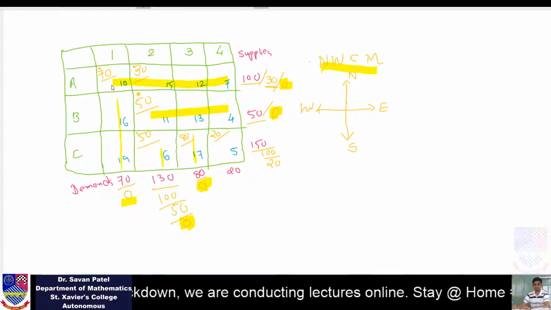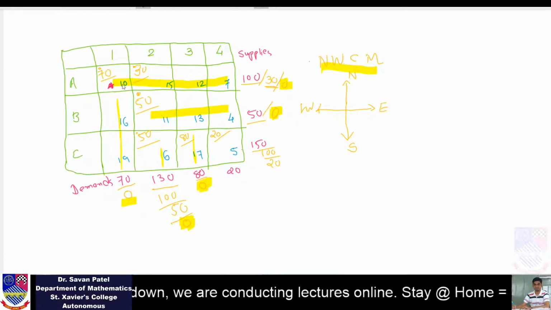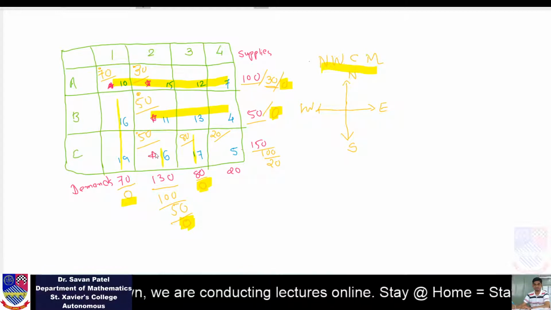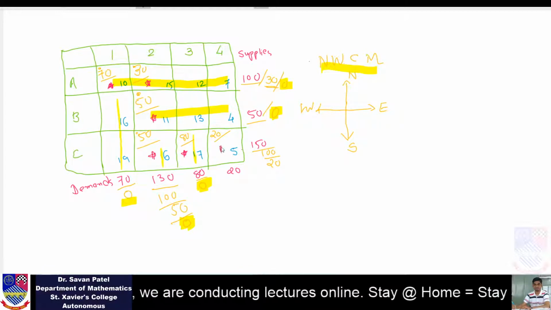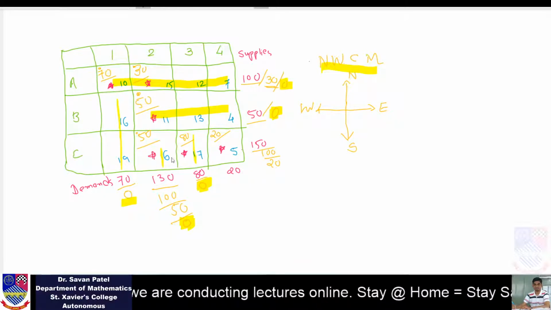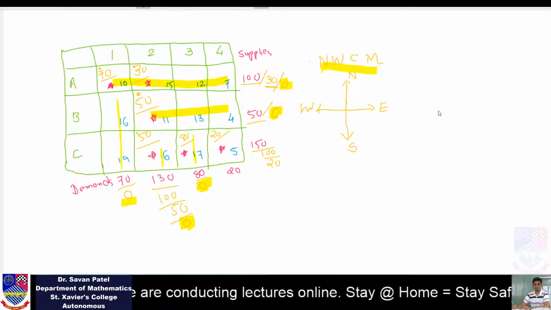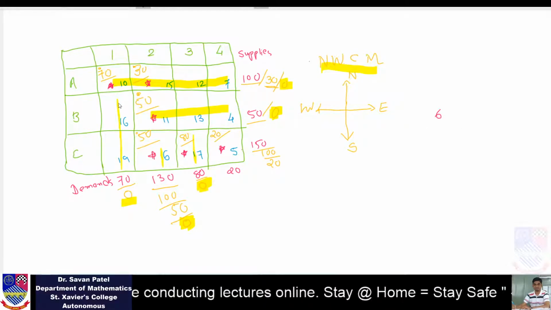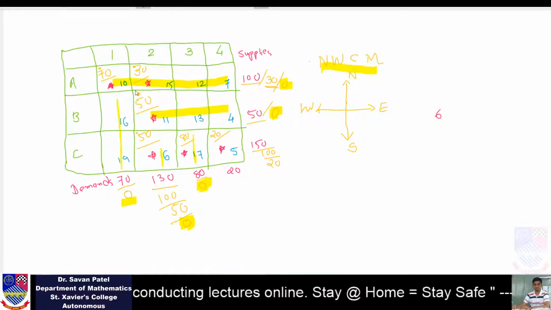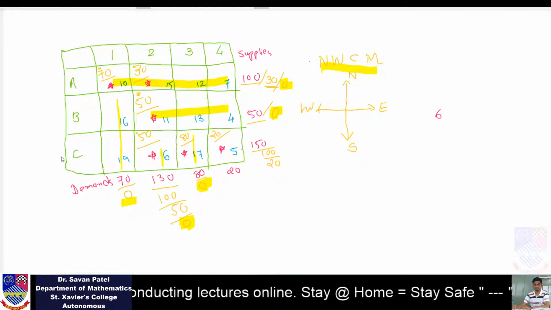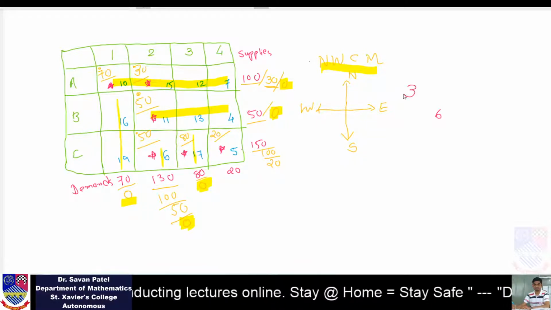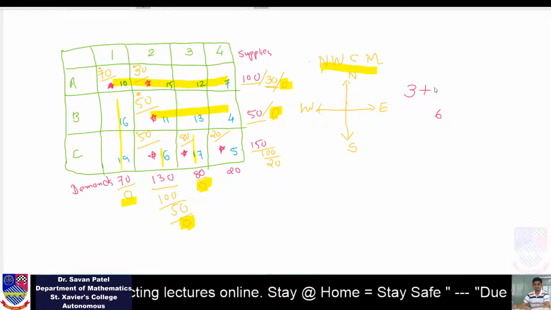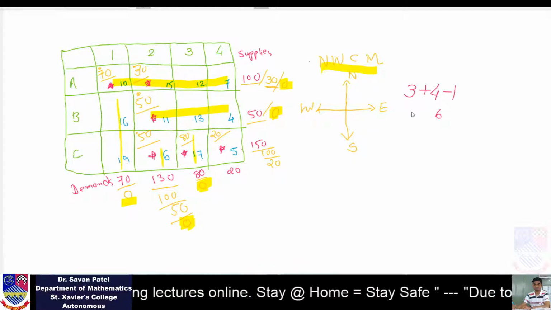One more observation: the number of non-zero cells is this one, second, third, fourth, fifth, and sixth. So the number of non-zero cells is 6, meaning the number of non-zero variables xij is 6. The total sources we have is 3, and total destinations is 4. So 3 plus 4 minus 1 is 6.